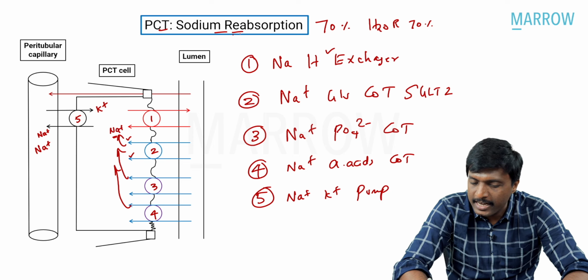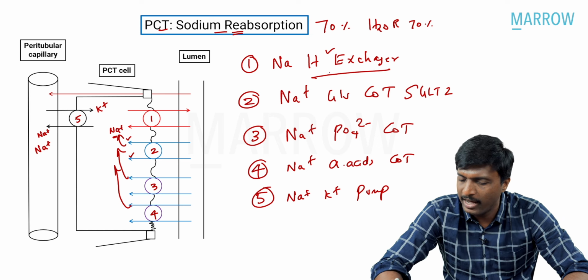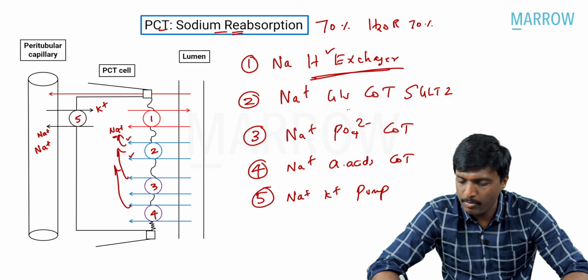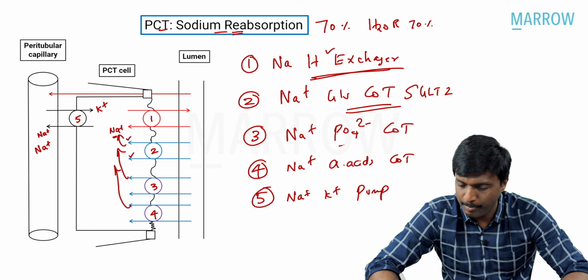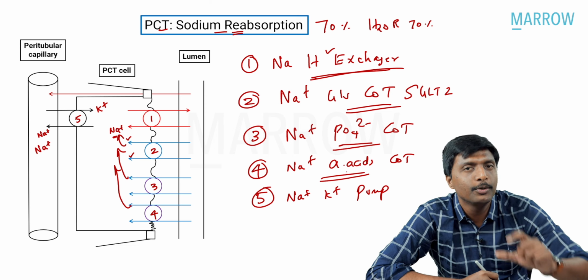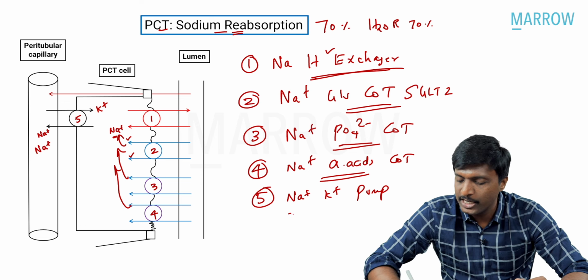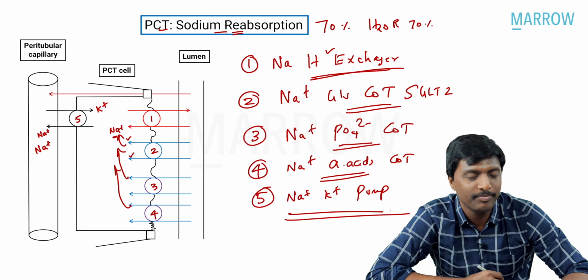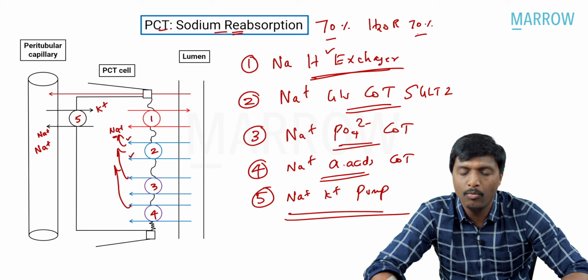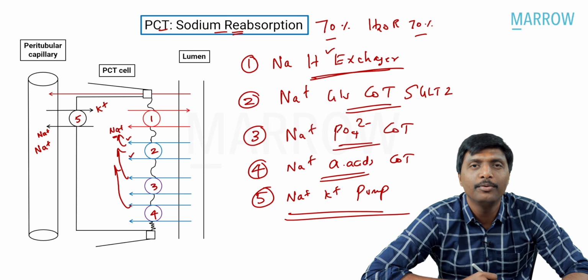All this you see mainly in the early parts of the PCT. What are all the ones? Sodium hydrogen exchanger, sodium glucose co-transporter, sodium phosphate co-transporter, sodium amino acid co-transporter. To send all this sodium from the cell into the blood vessel, we need sodium potassium ATPase. So 70% of sodium and water are reabsorbed in our proximal convoluted tubule.